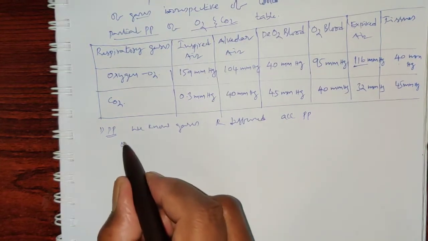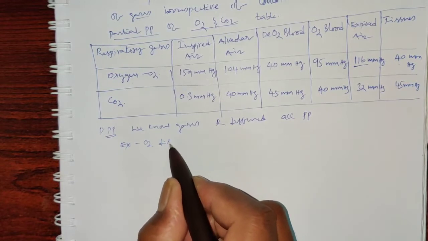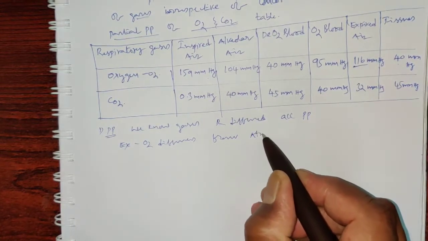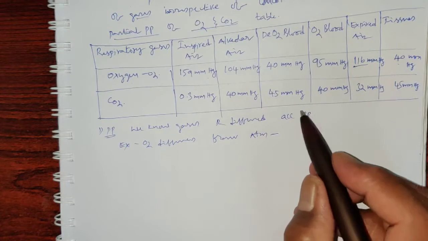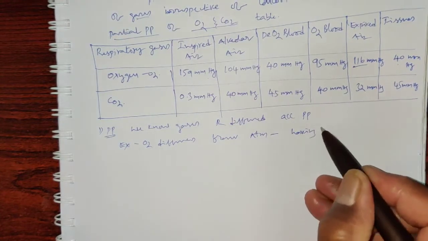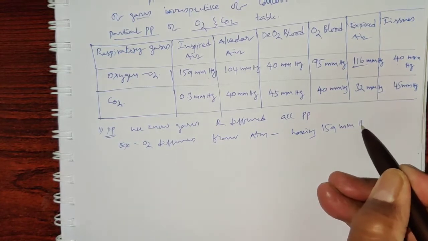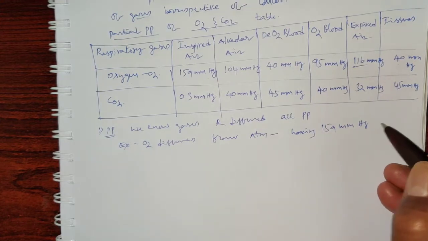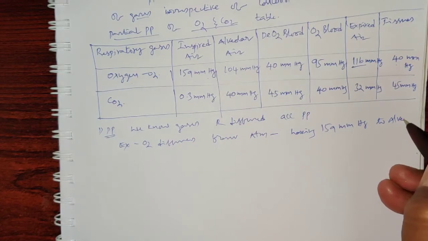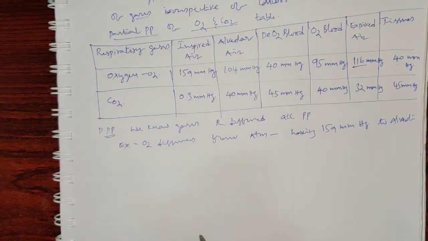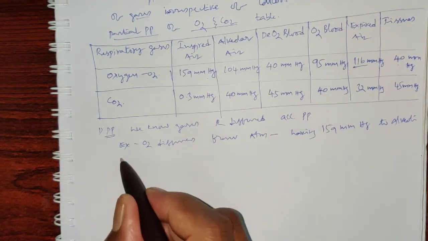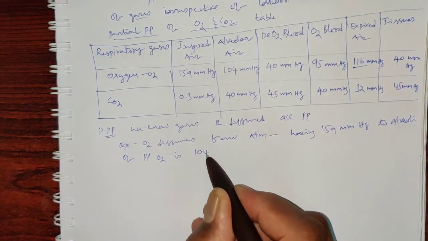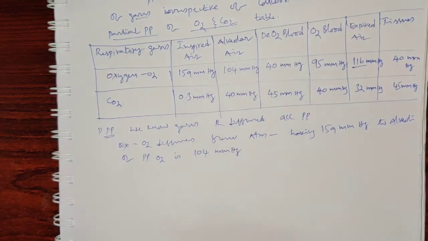Example: oxygen diffuses from the atmosphere, having 159 mm of mercury, to the alveoli, where the partial pressure of oxygen is 104 millimeters of mercury.